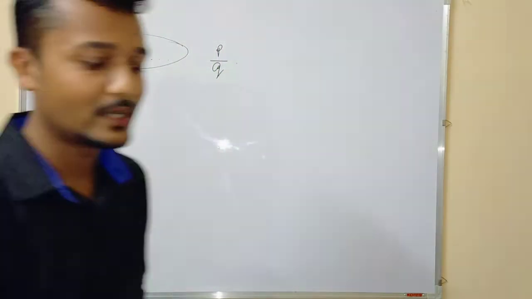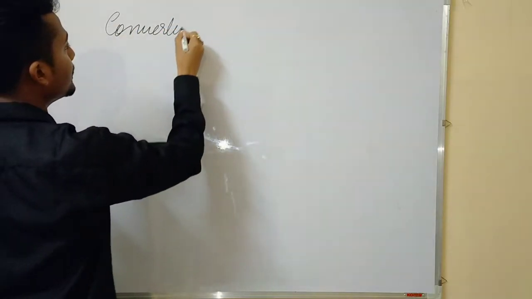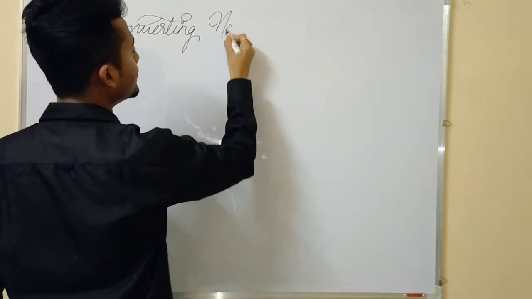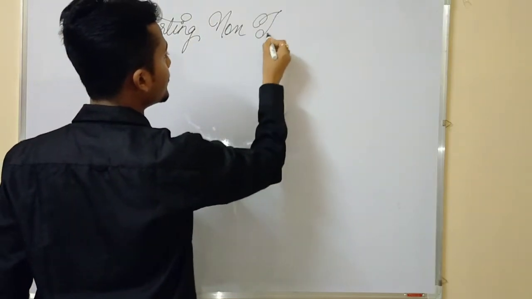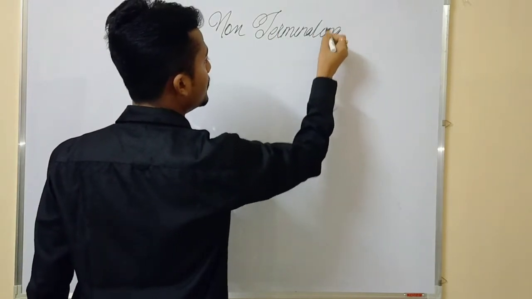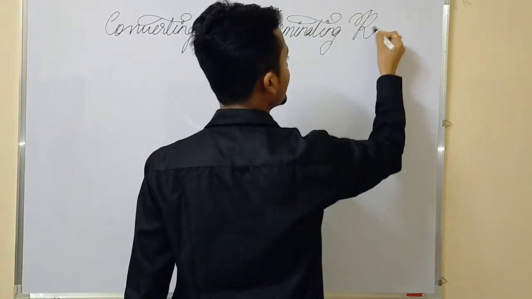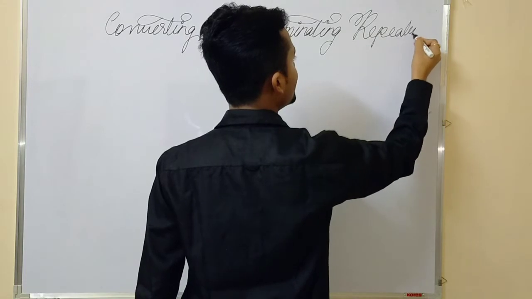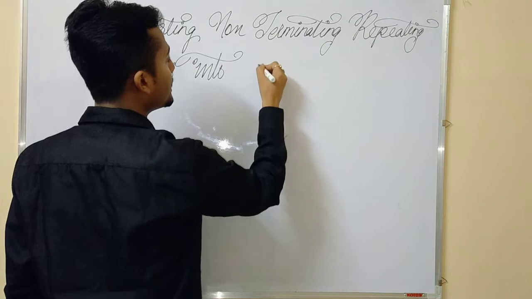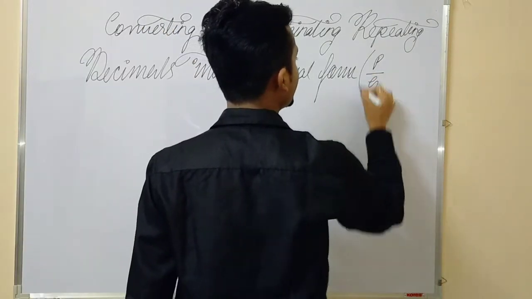That means our today's topic is converting non-terminating repeating decimals into rational form, that means in p by q notation.